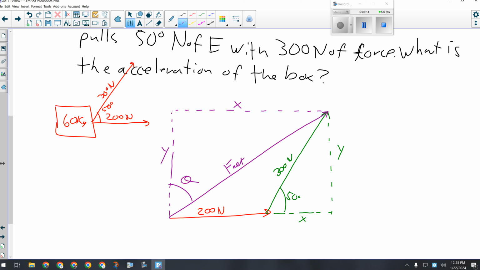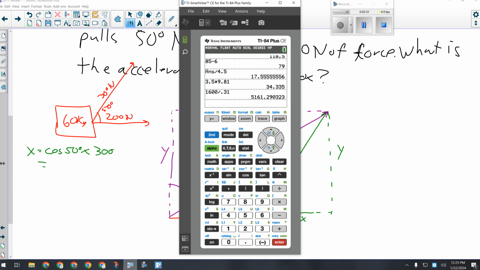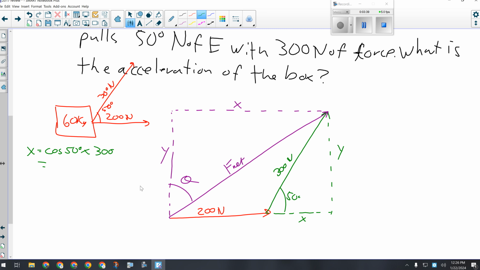All right, so here's what I've got to do then. I've got to find all the X's and Y's, just like I would in any other vector addition question. So to find green X, that is going to be the cos of 50 degrees times 300 newtons, so 192.8 newtons east.